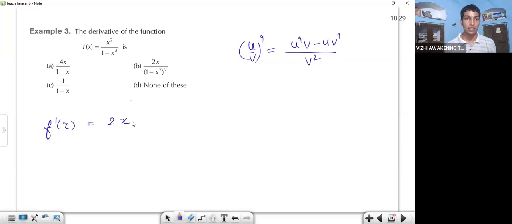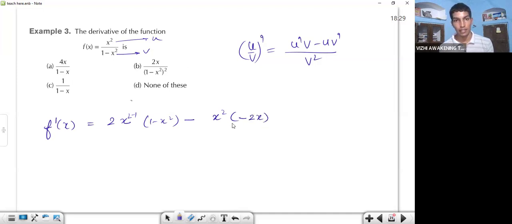So 2 will come ahead. X to the power 2 minus 1, that is 1. Okay. Into v, 1 minus x square, minus u into v dash. The derivative of this particular, we are calling it v, we are calling it as u. So the derivative of this is, one's derivative will be 0, minus x square derivative will be minus 2x.